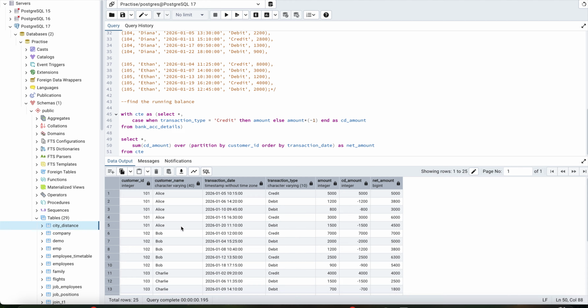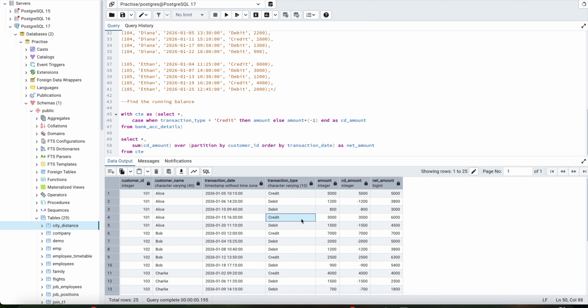Now I'm going to take the case of Alice to demonstrate the analysis. Alice is credited with 5,000 on 5th of January, and the net amount is 5,000. On the 6th she withdrew 1,200, that's the reason it's negative, and when you sum it up the net amount is 3,800. Again she withdraws 800 rupees, which is a negative amount, so the net amount becomes 3,000 from 3,800.